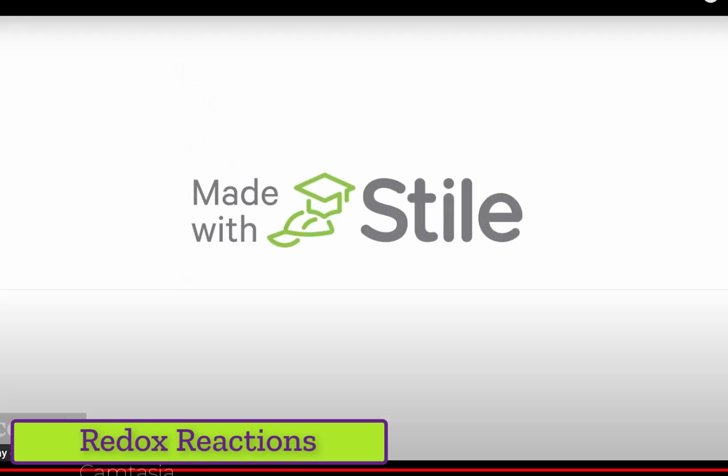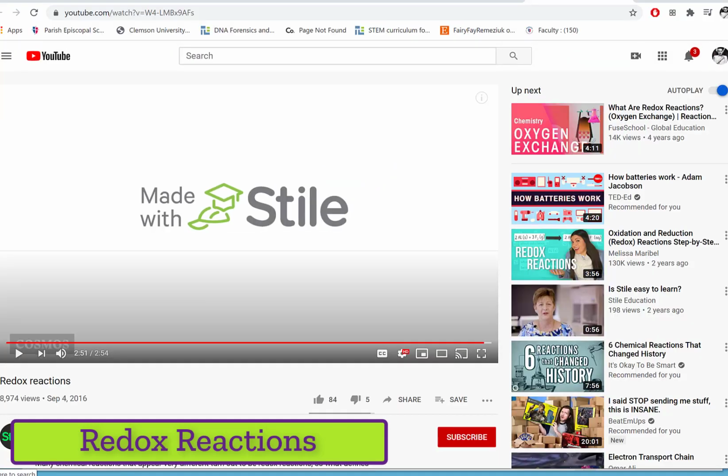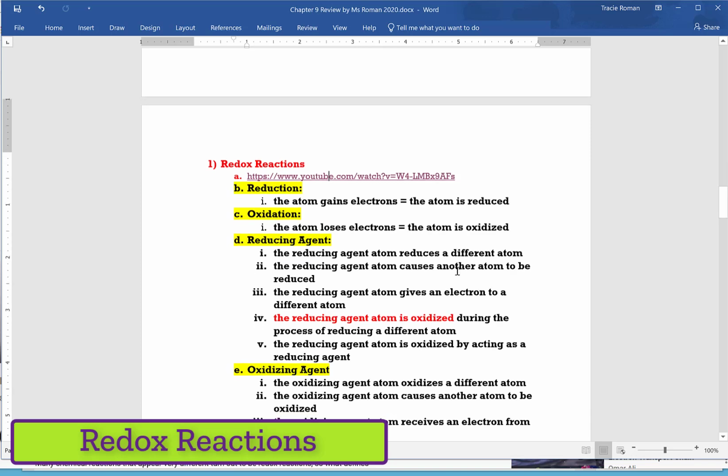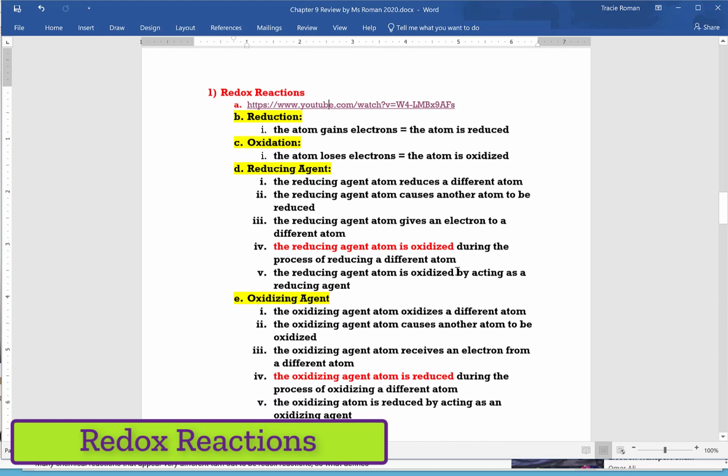All right. So they make a lot of really good animations and videos. And in cellular respiration, there are going to be redox reactions throughout the entire process. So questions you can get on the test would be to ask you which molecule is oxidized or reduced, or what is the reducing agent, what is the oxidizing agent.